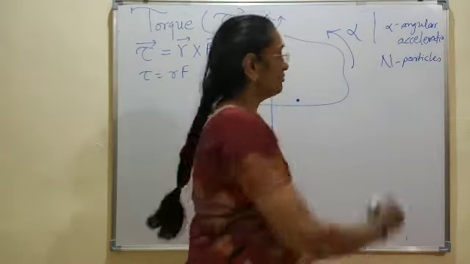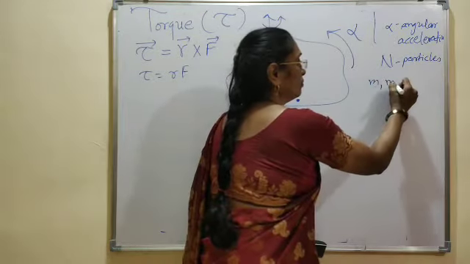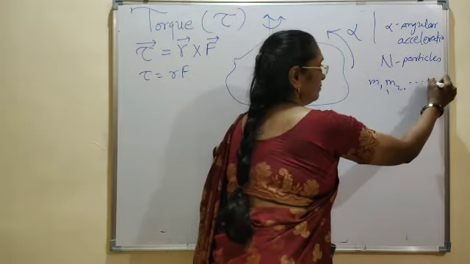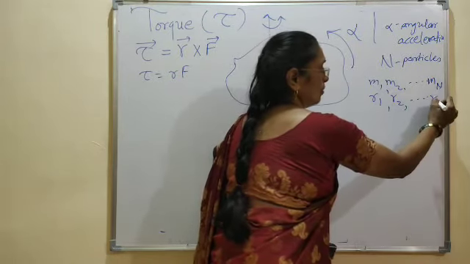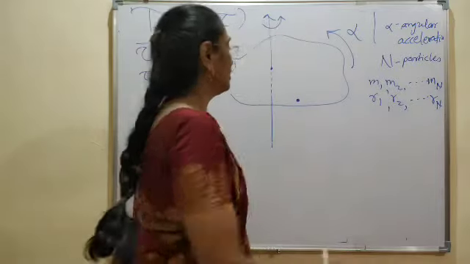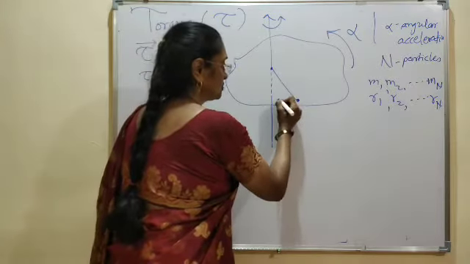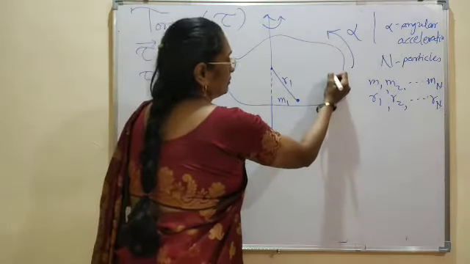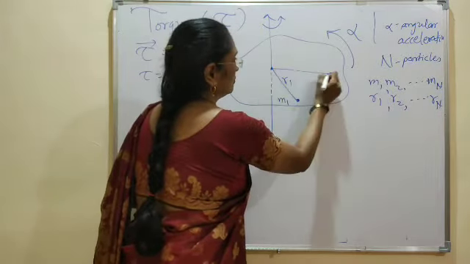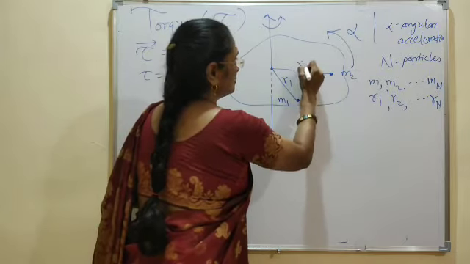These particles have masses m1, m2 up to mn. Their respective distances are r1, r2 up to rn. For the first mass, the distance is r1. For the second mass, the distance is r2.